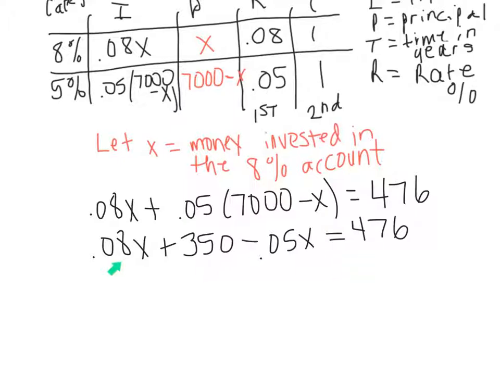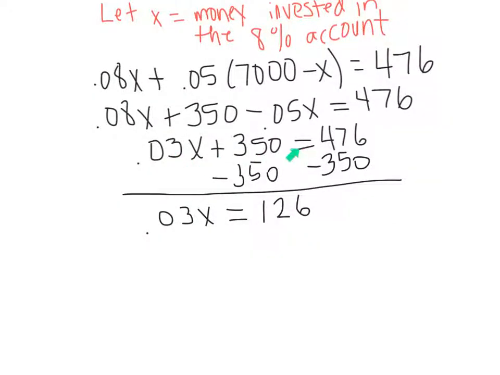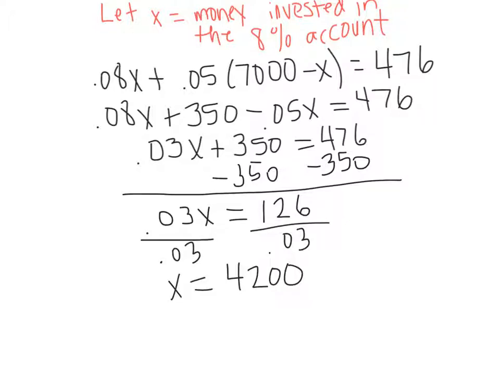So now we'll combine the 0.08 minus the 0.05 for 0.03x. 0.03x plus 350 equals 476. Subtract 350 from both sides. 0.03x equals 126. And now divide both sides by 0.03. We get x is 4,200.